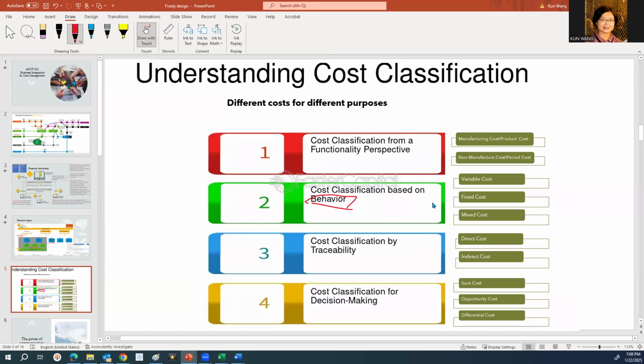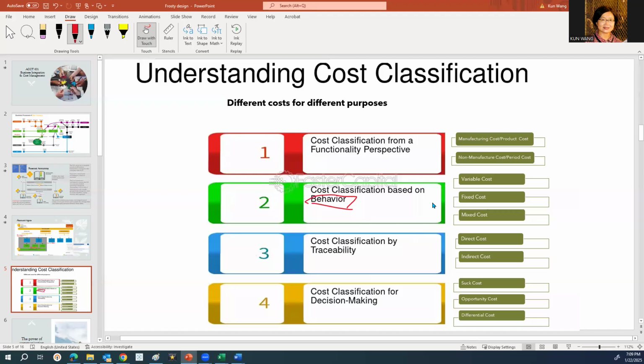So the cost behavior means we want to understand when the cost driver you identify changes, right? So increase or decrease, like the volume of the products or the number of the product parts or the hours of running the machineries, right? Or the number of the customers.